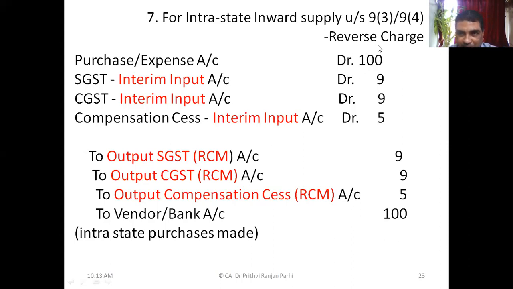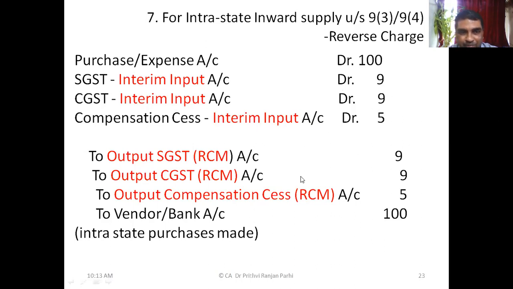Purchase and expenses account debit. Then SGST interim input account. You are depositing now under reverse charge, so finally you will be taking credit of this. So first you see interim input accounts debit: SGST interim input account debit, CGST interim input account debit, and compensation cess interim input account debit. All these three are there.